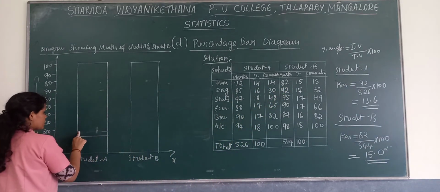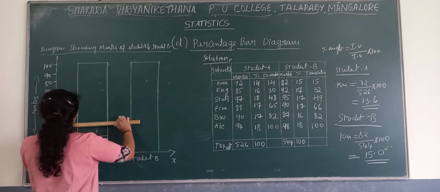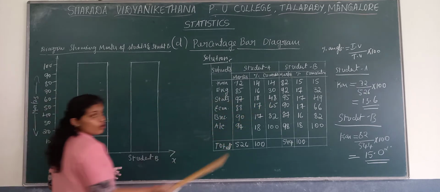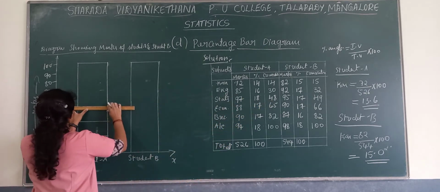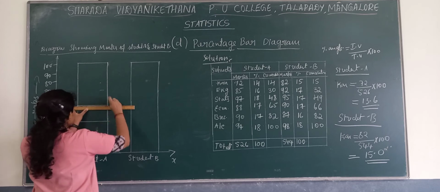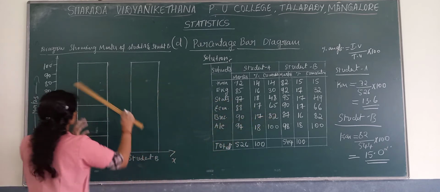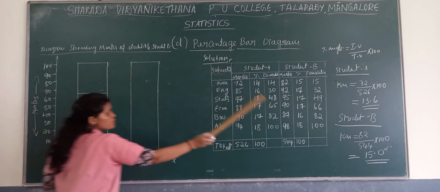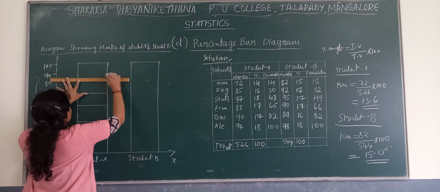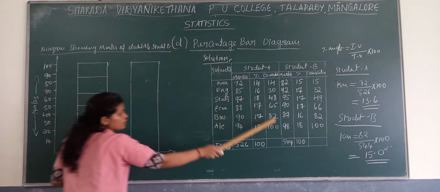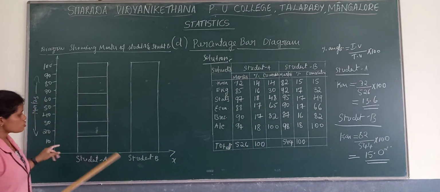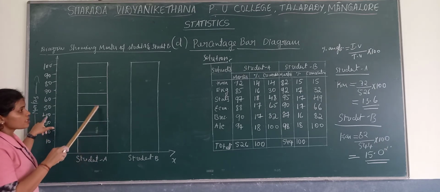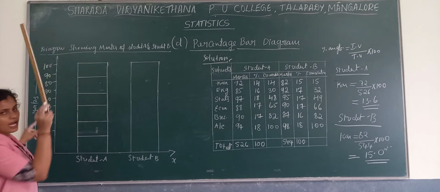Next comes 48. Next it is 65. Then comes 82. Then 100. So here it goes like Kannada, English, stats, economics, business and accounts.